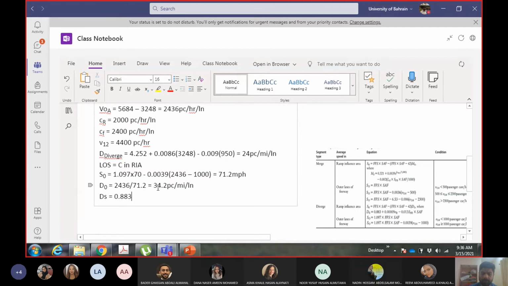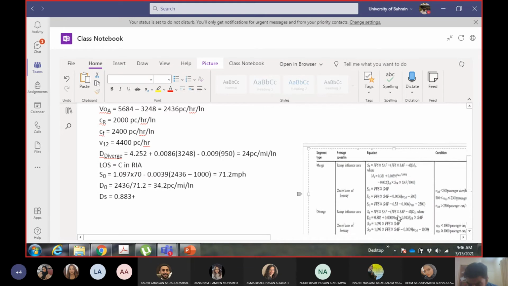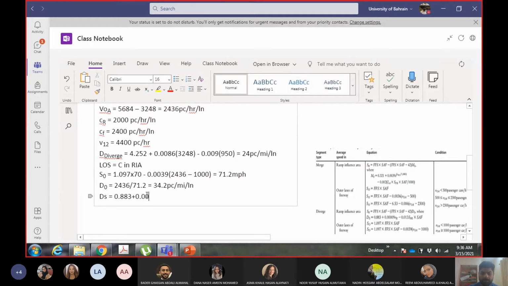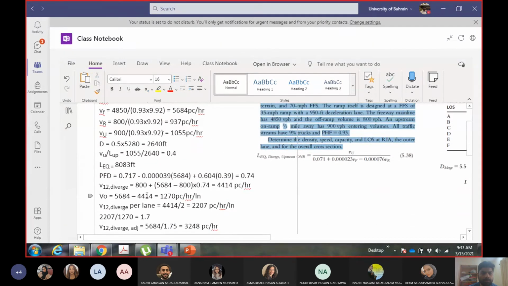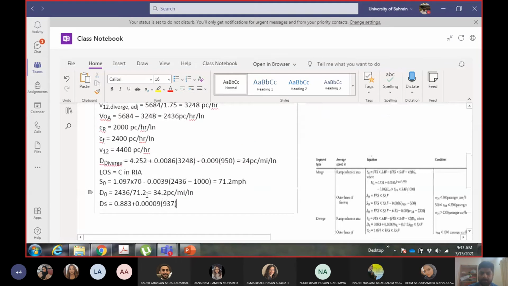So DS is 0.883 plus 0.0000 something, times VR, which is 937, minus 0.013 times the free flow speed of the ramp, which is 35, and this is multiplied by the speed adjustment factor, which is 1.